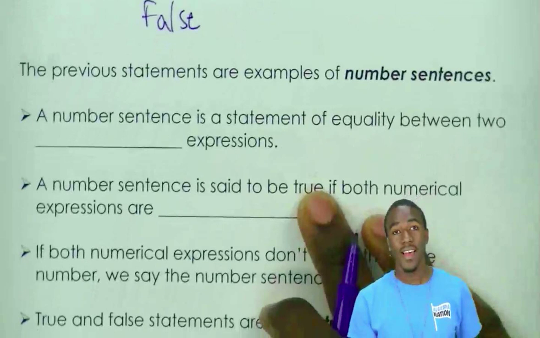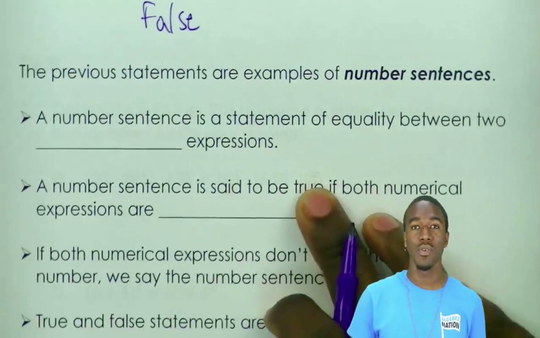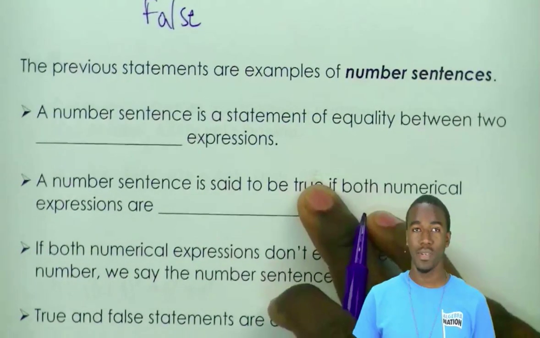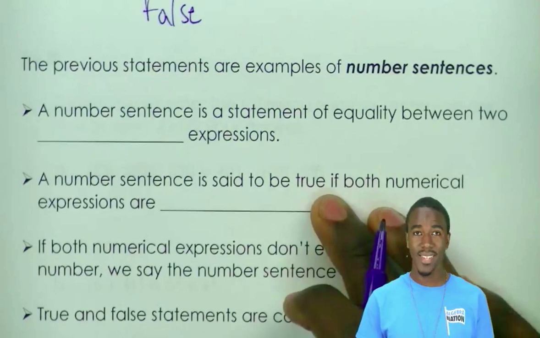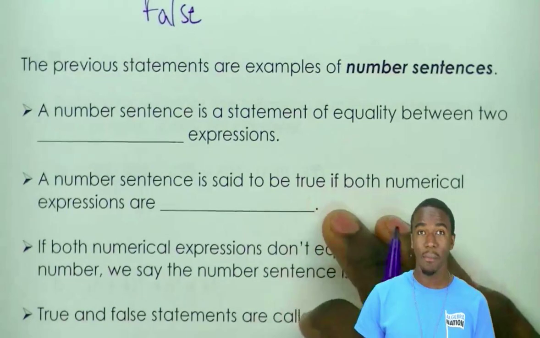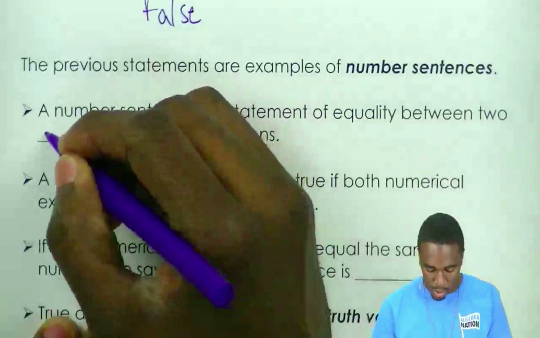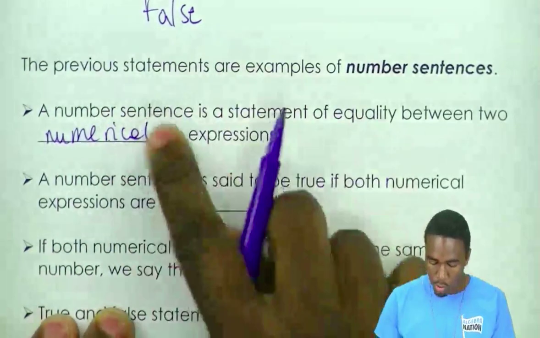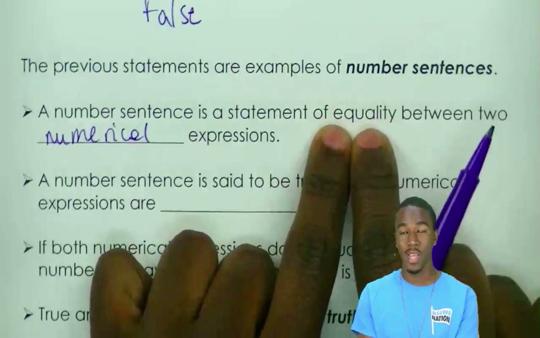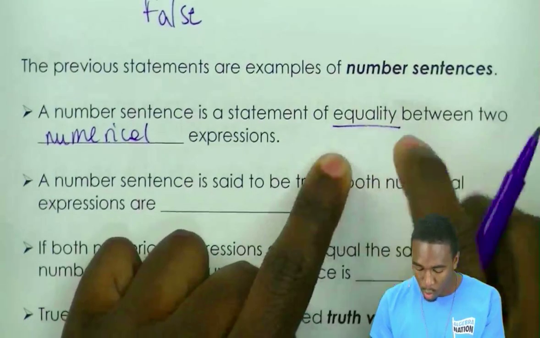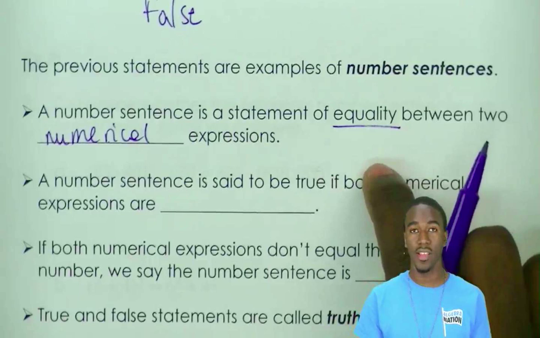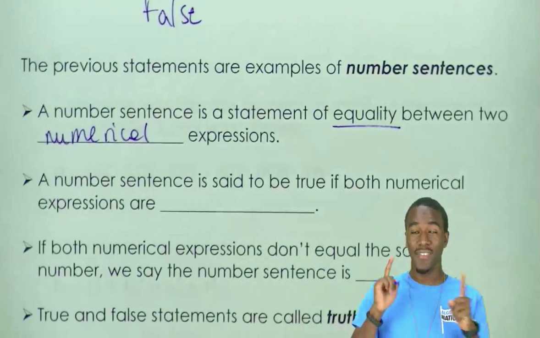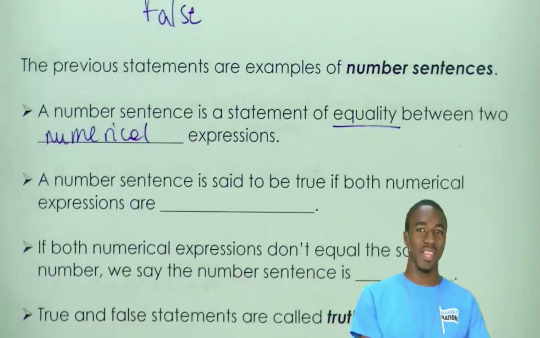Now the previous statements are examples of what we call number sentences. A number sentence is a statement of equality between two numerical expressions, but remember this keyword here, statement of equality. When you put the equal sign, that means the two things on the left and right of it need to actually be equal to each other.